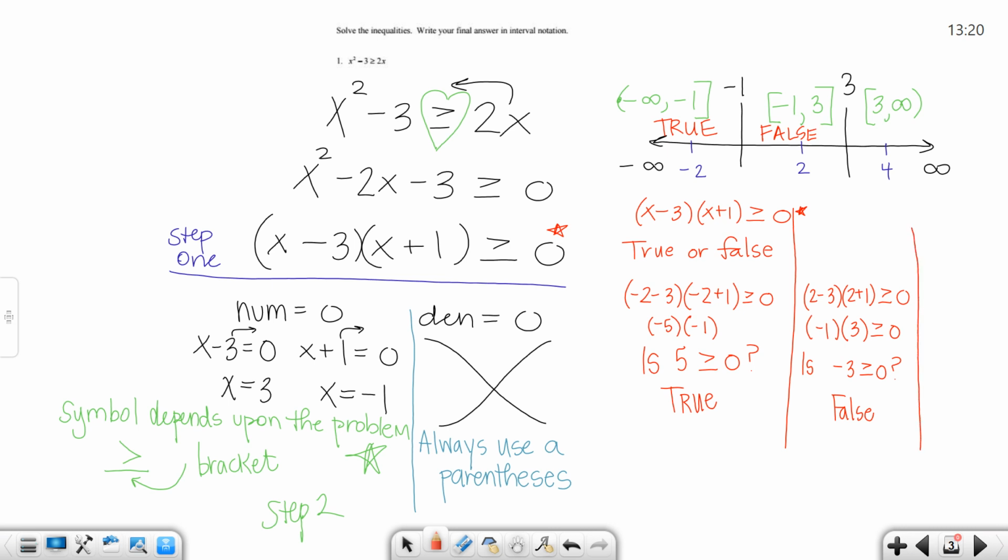So then we'll do our last one. That's the number 4. Plug 4 into the red step. So that's 4 minus 3, which is 1. 4 plus 1 is 5. Is 5 more than 0? Yes. So that's true.